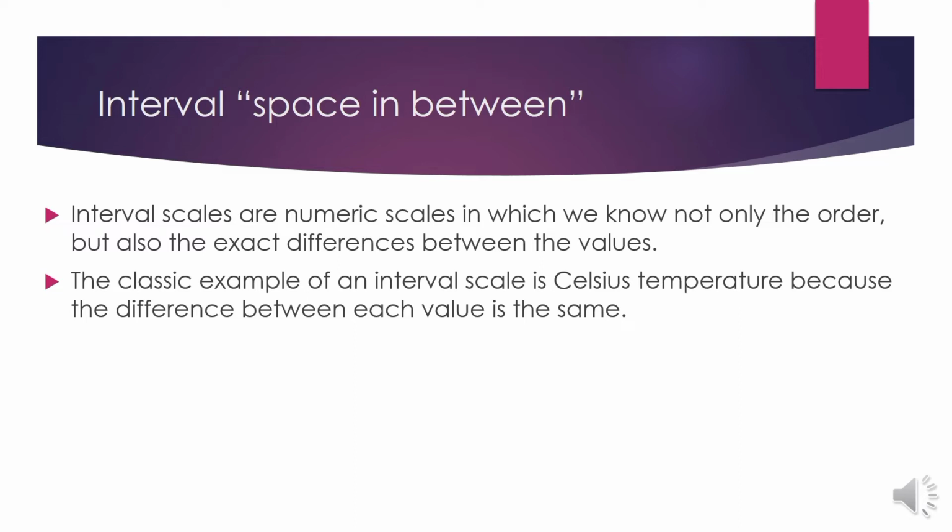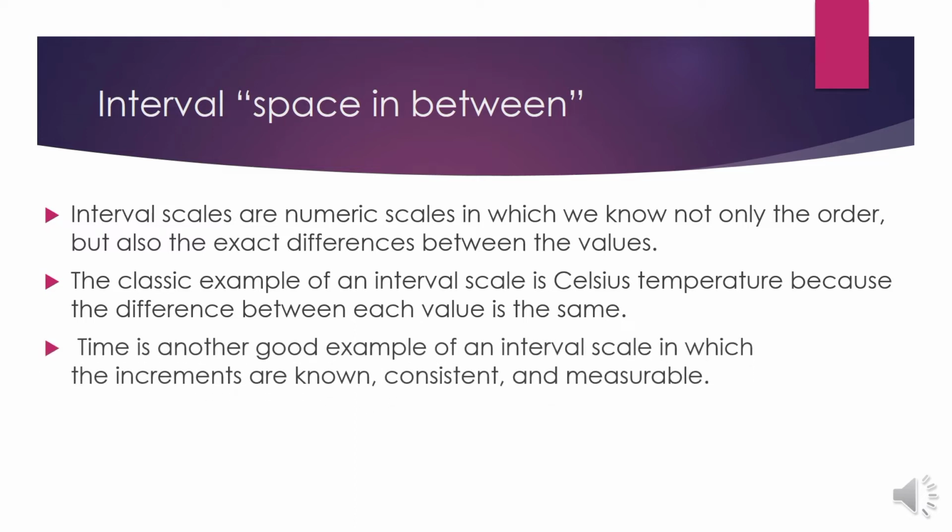For example, the difference between 60 and 50 degrees is a measurable 10 degrees, as is the difference between 80 and 70 degrees. Time is another good example of an interval scale in which the increments are known, consistent, and measurable.